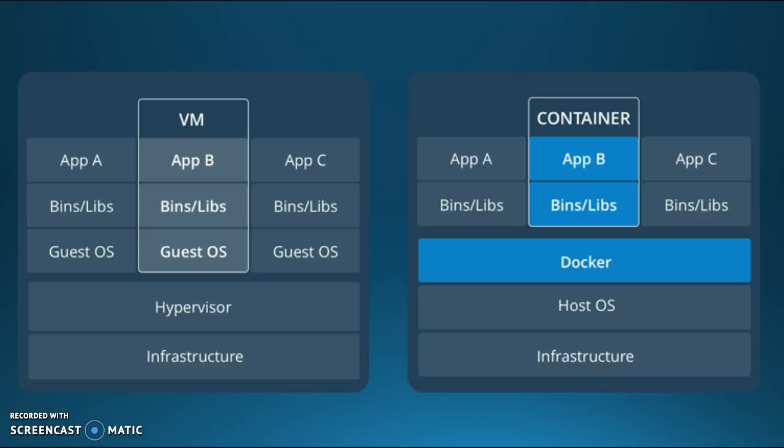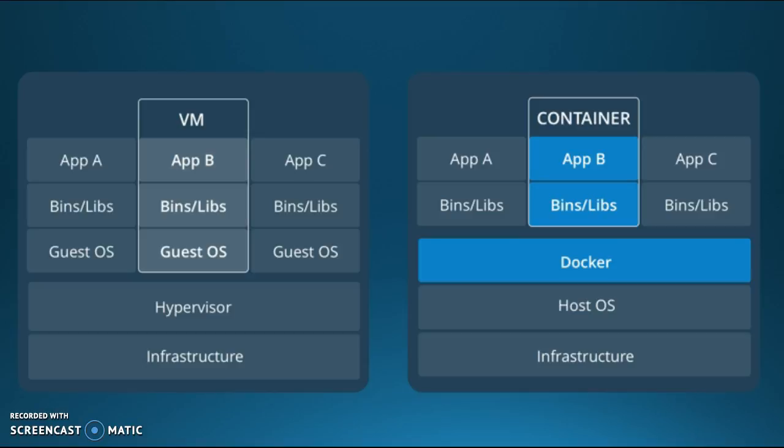As you can see in this example, I've got one machine, one server, and on that I have 3 different virtual machines. So I've just created 3 new full copies of an operating system, each one having one app installed.